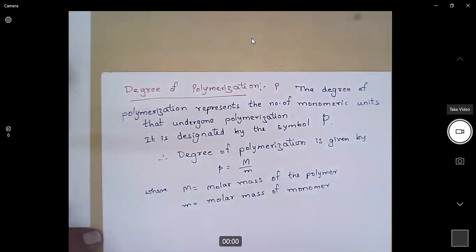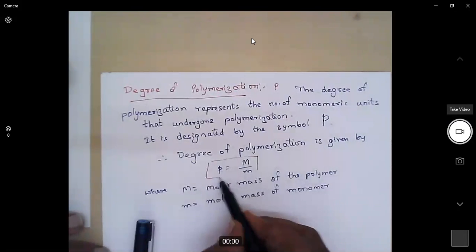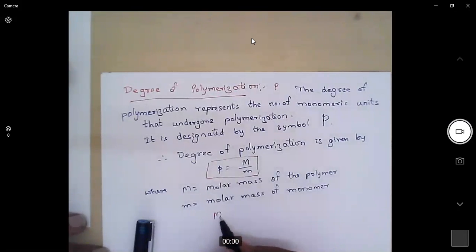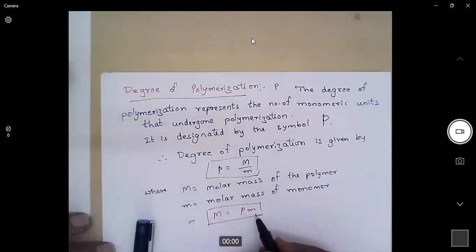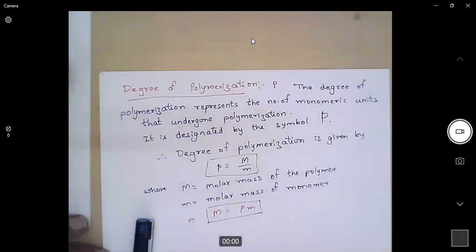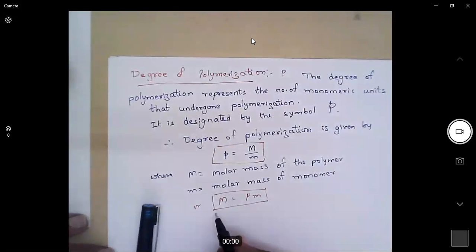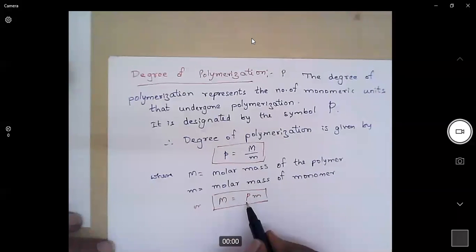We can also rewrite this formula. Capital M is equal to P into m. So if we know the degree of polymerization and the molecular weight of monomer, then in order to get the molecular weight of polymer, what we need to do is just take the multiplication of degree of polymerization and the molecular weight of monomer.